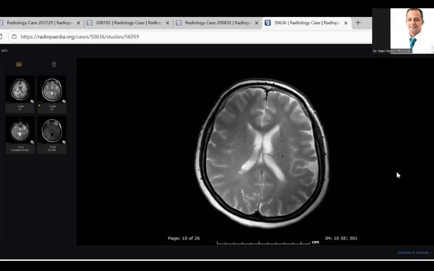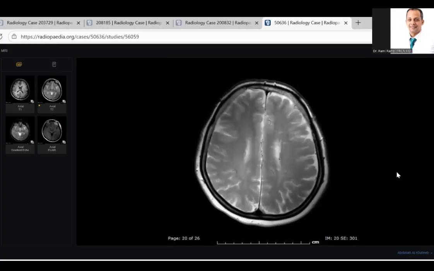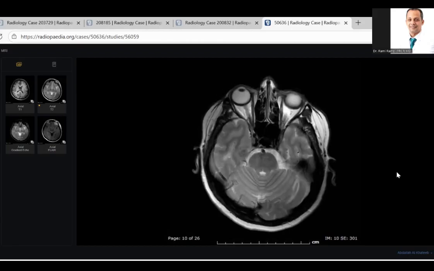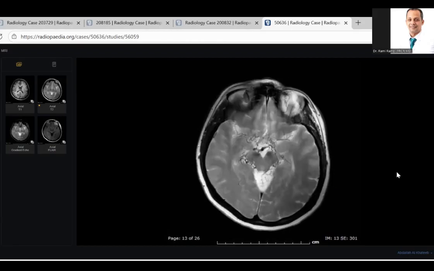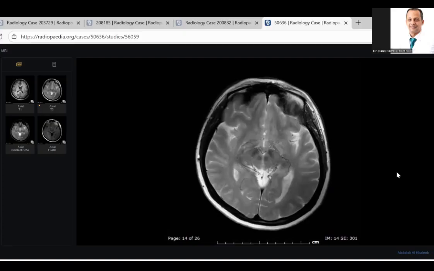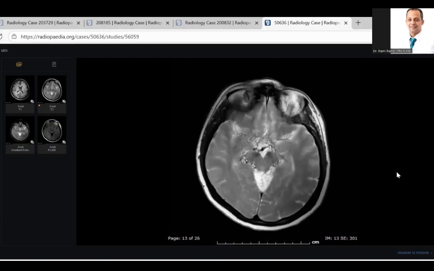I can see that there is no evidence of hydrocephalus in this study. As the patient is complaining of headache, I want to see the rest of the available sequences for this study. My provisional diagnosis could be encephalitis.